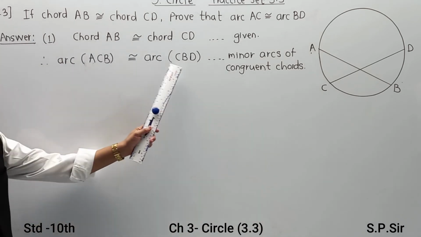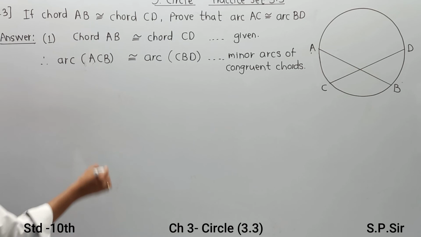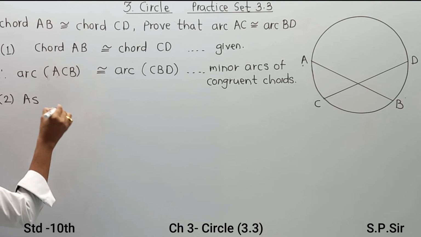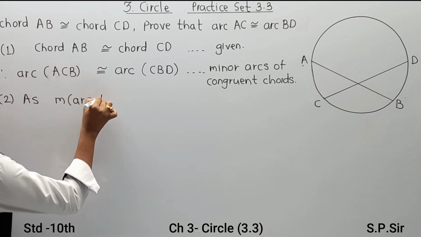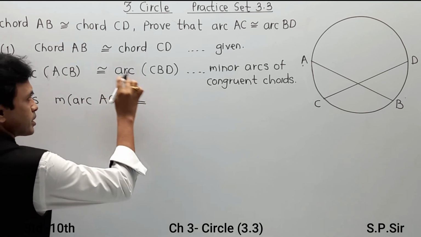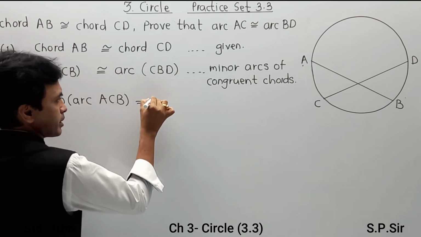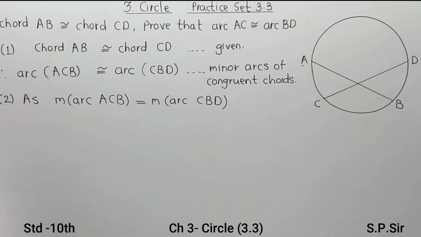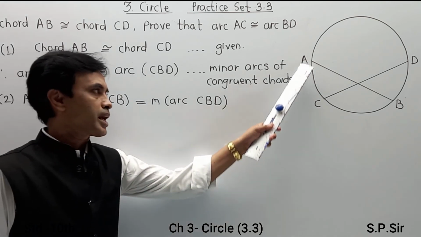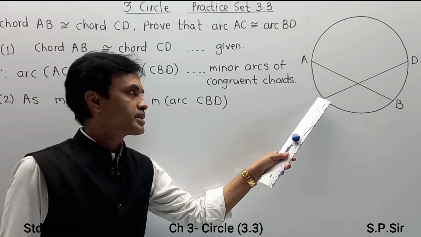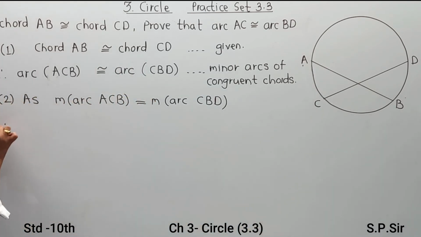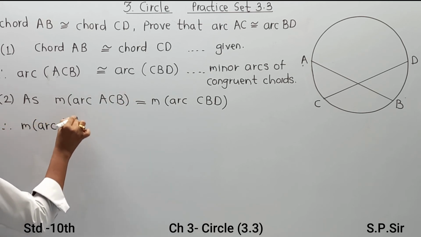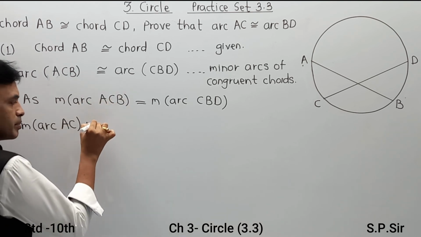Now we are able to get this part. Now we are taking the reference here for the next calculation. In the second part, I am going to use major arc ACB is equal to major arc CBD. Now what is meant by major arc ACB? Major arc ACB is the addition of major arc AC plus major arc CB.